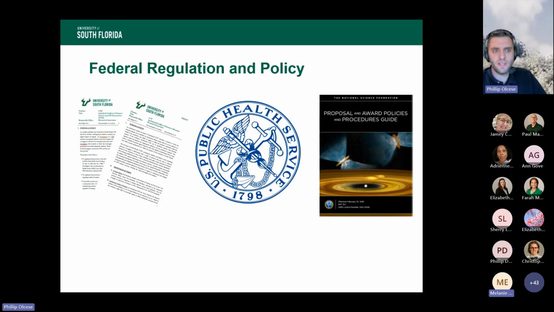The key elements of these policies are the individual financial conflicts of interest, the disclosure requirements for actual financial interest, when to disclose, prior to proposal submission, the specific thresholds for what constitutes a significant financial interest, reporting obligations to the sponsor, which may vary by sponsor but is ultimately a federal regulation, sub-recipient compliance, training requirements, PHS public accessibility, and retrospective review for non-compliance.